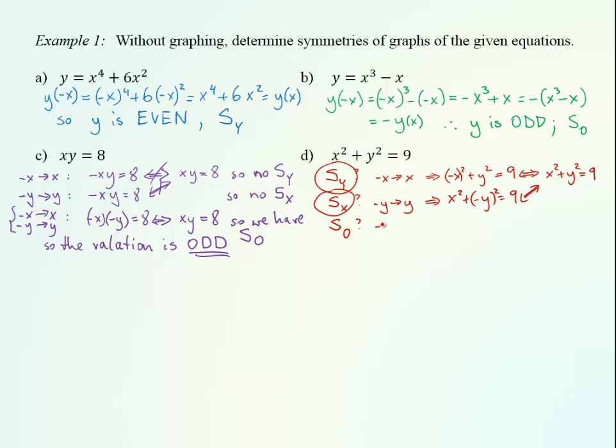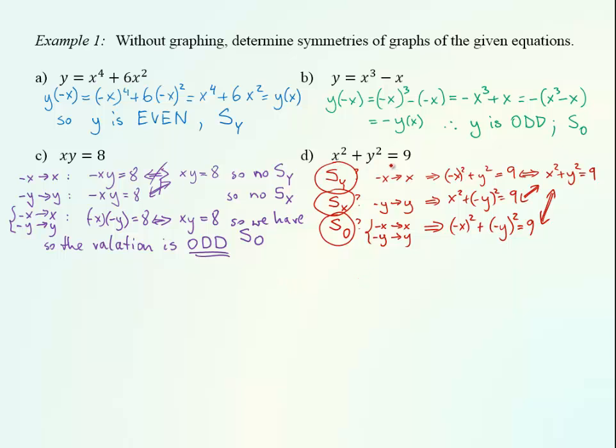If we replace both x by negative x and y by negative y, then, as you may expect, since we're squaring those negatives, the resulting equation is really equivalent to the original equation. Therefore, yes, we also have symmetry in the origin.